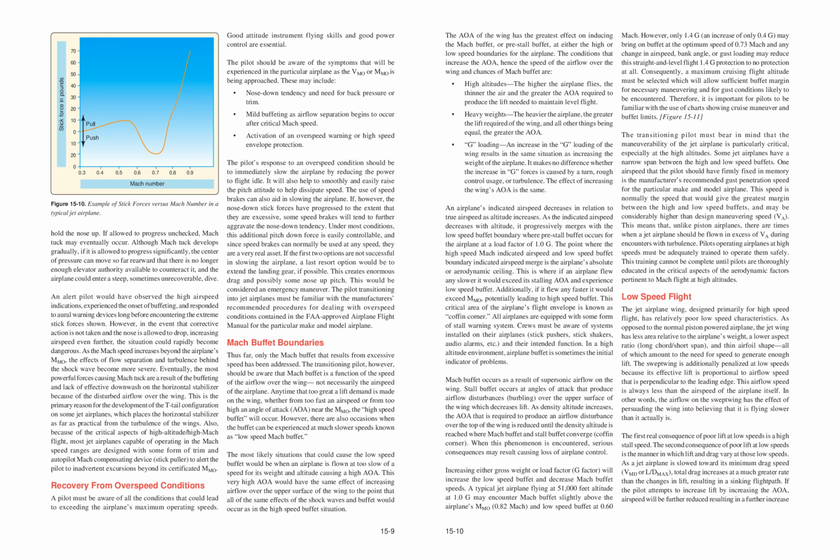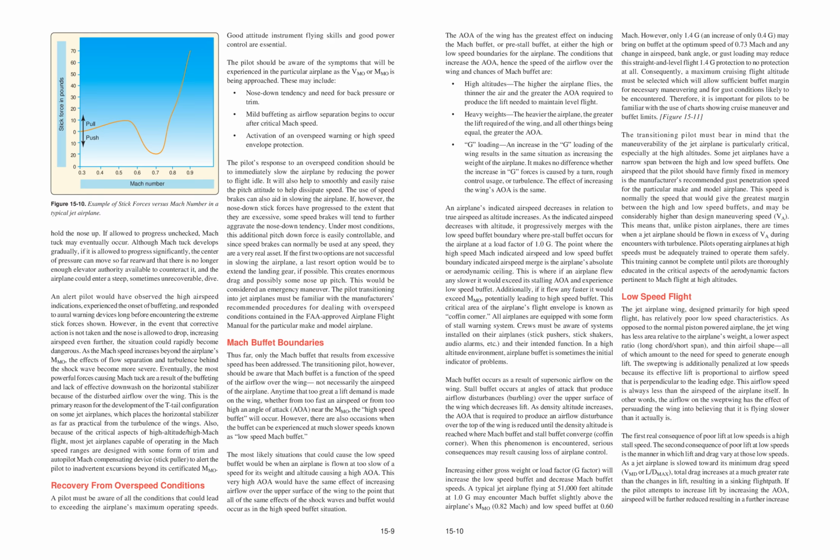Also, because of the critical aspects of high-altitude, high Mach flight, most jet airplanes capable of operating in the Mach speed ranges are designed with some form of trim and autopilot Mach compensating device, stick puller, to alert the pilot to inadvertent excursions beyond its certificated MMO.